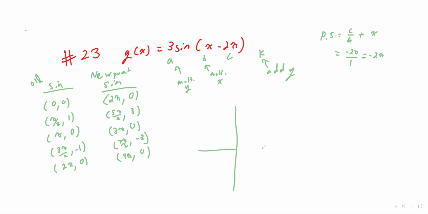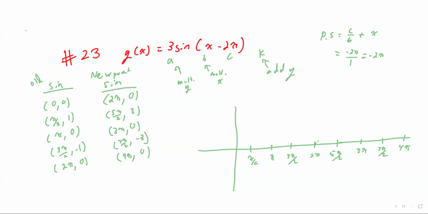So when you're picking your graph, you would want, again, if we're still going by pi halves here, and I just want to show you what will happen too if you went the other direction.